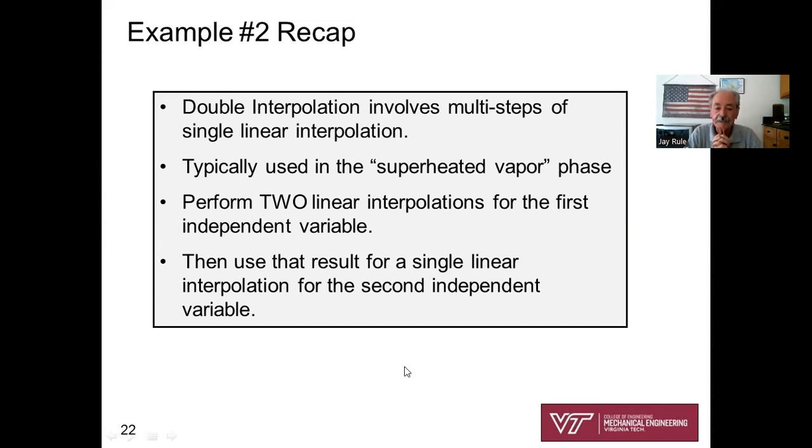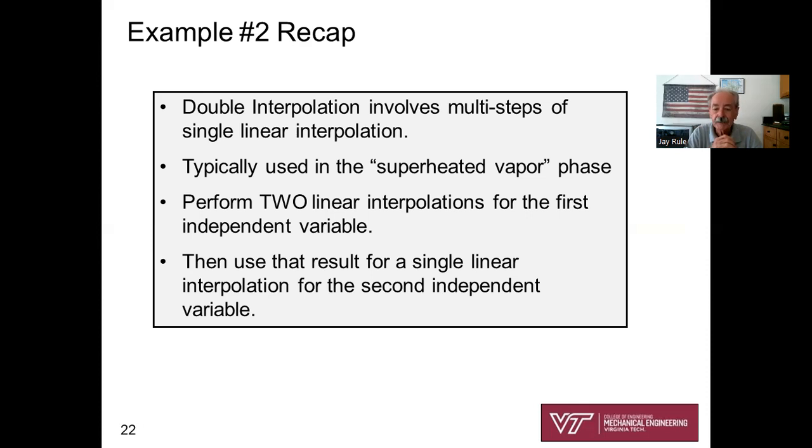Okay, let's recap example 2. Double interpolation involves multiple steps of single linear interpolation. So it's much more time-consuming. You will end up doing this on your homework problems. Typically, it's used in the superheated vapor phase. If you go back and look at the property evaluation demo that I did, you'll see that in the compressed liquid phase, we won't be doing double interpolation.